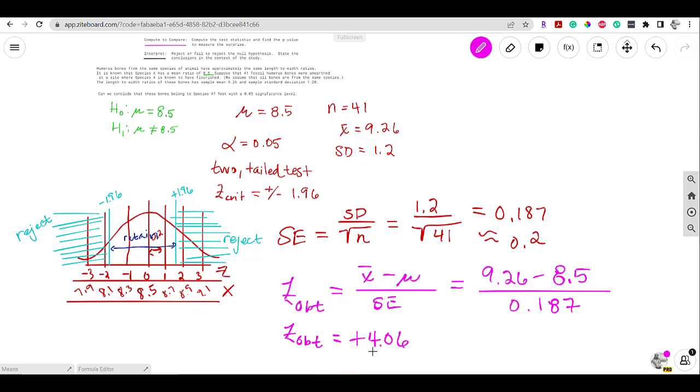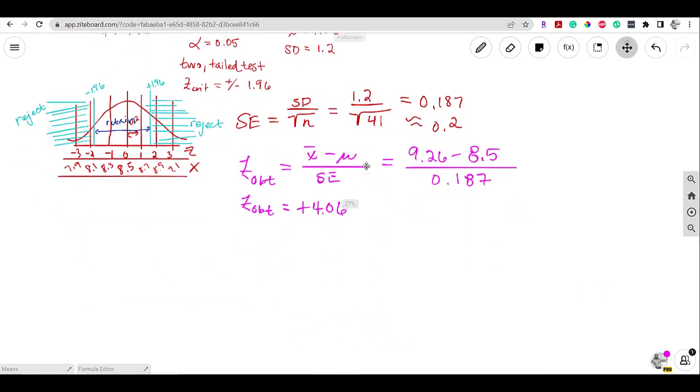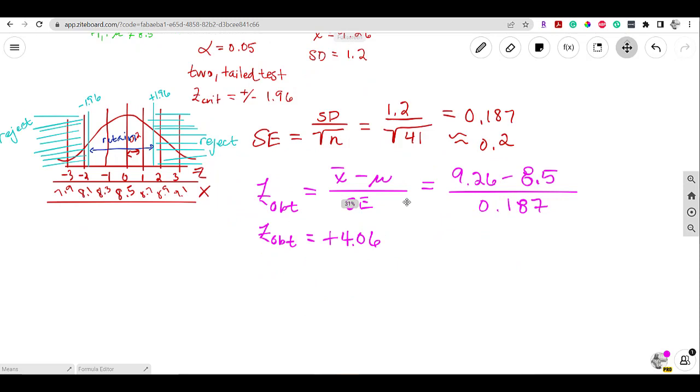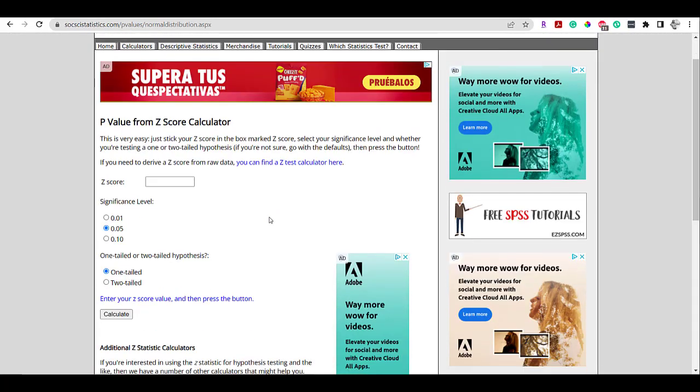All right, next thing I need to do is calculate the probability, or the p-value, of getting a z obtained. So the fancy way of writing that out is the probability of z obtained being equal to 4.06. I'm going to go ahead and go here to a probability calculator.